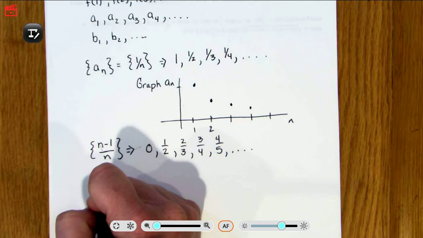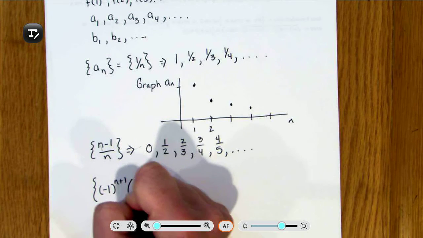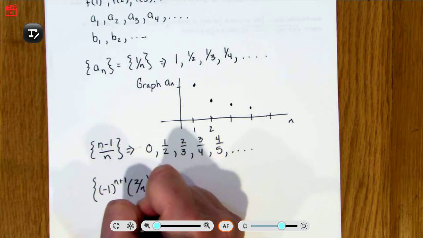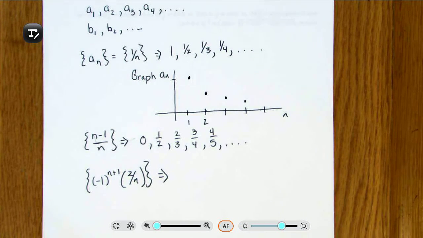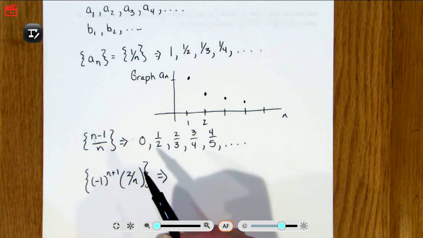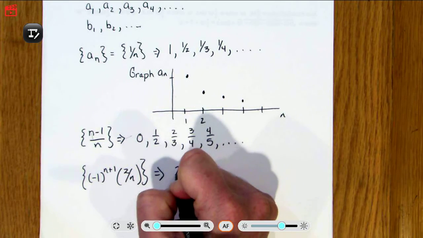And I like to put this guy in here, and we'll do negative 1 to the n plus 1 times 2 over n. Again, just listing some terms. Okay, so if n is 1, this would be negative 1 to the second, which is going to give me a positive number. So this would be 2.